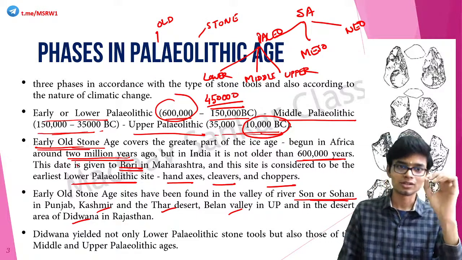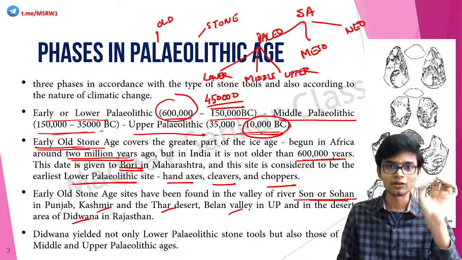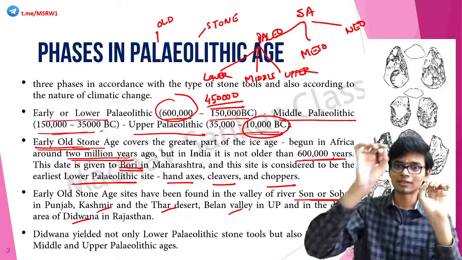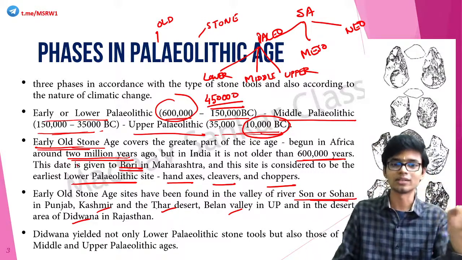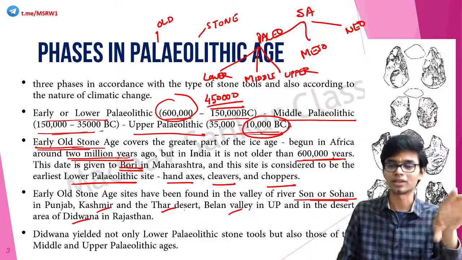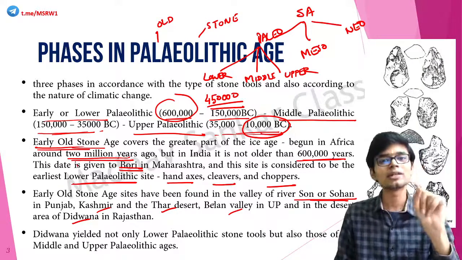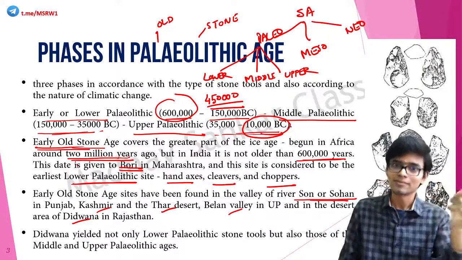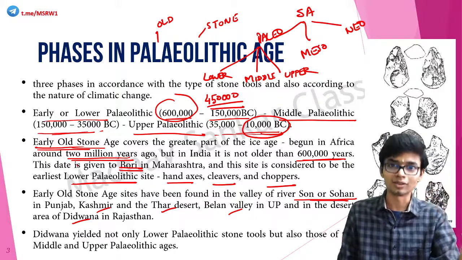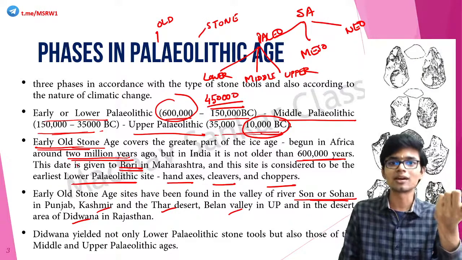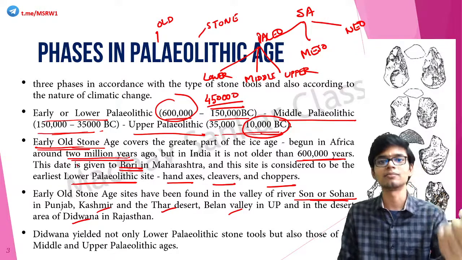Or say the clue will be: it is a Paleolithic site, and there will be a spot somewhere close to the Punjab region or in the Rajasthan region. Then you should be able to identify that it is Sohan Valley, or maybe it is Didwana. Clear? So it is easy pickings, a 50-mark question as far as history optional paper 1 is concerned.